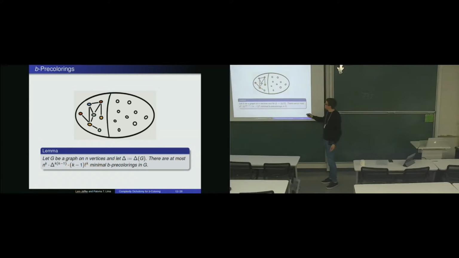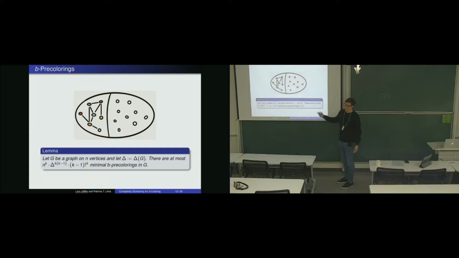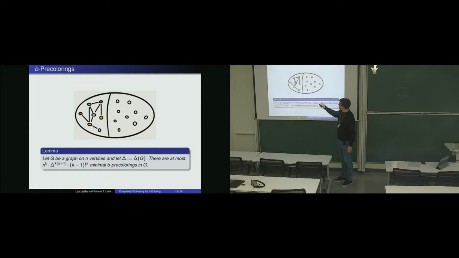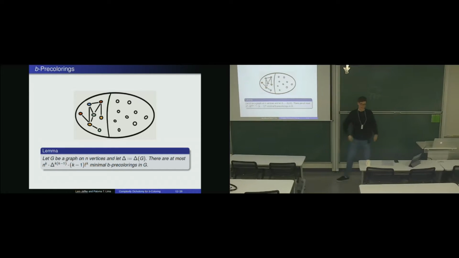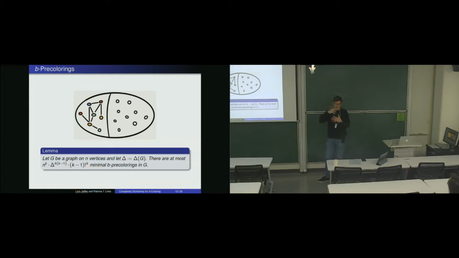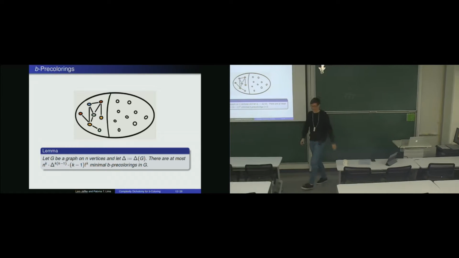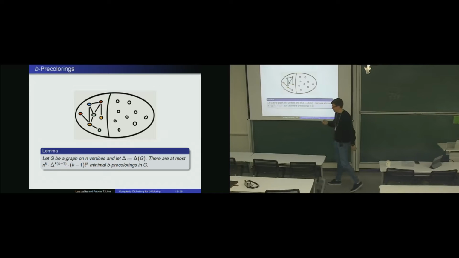So in this pre-coloring, we do have at least one unnecessary vertex, namely this one. This guy is the B vertex for the color yellow, but there is also another vertex that has this color. So we could just remove this one and we still have a B pre-coloring. So it's just a B pre-coloring such that no subset of the vertices is a B pre-coloring.